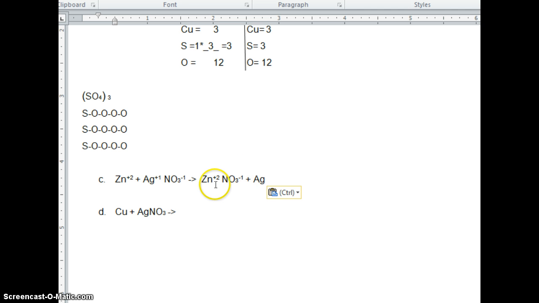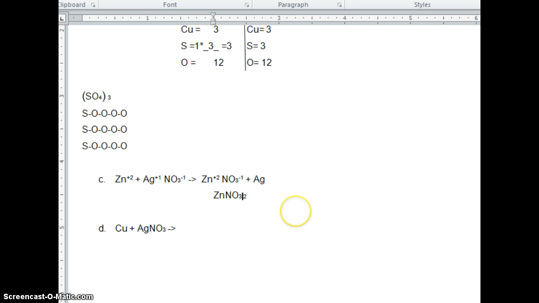Remember, this 1 goes down here, and this 2 goes down there. So can you tell me what the formula would be? It would be Zn with a 1. You don't have to put the 1, but you can. And then NO3 with a 2. But now it says NO32.